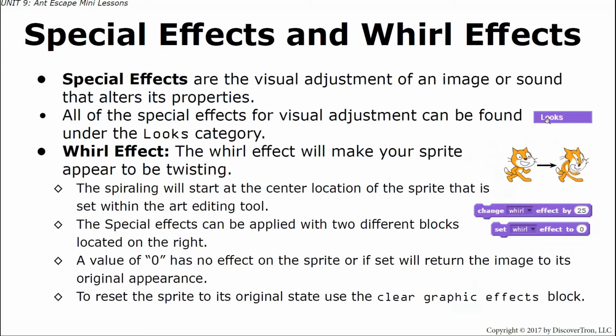All the special effects that we'll be looking at are located underneath the looks. Now there's other ways to go about this, but for right now, we're just going to worry about everything that's in the looks. And then we have the whirl effect. That was the first one we applied, and it's going to twist the sprite around the sprite's center point. You'll notice as you apply the whirl effect and keep increasing it, the sprite will get pretty whirly.